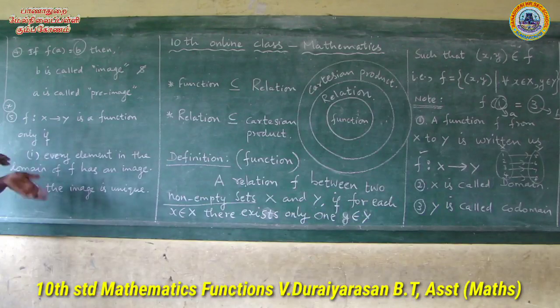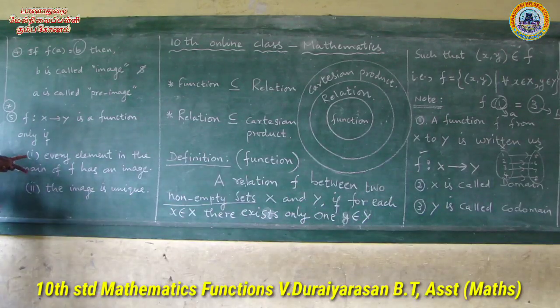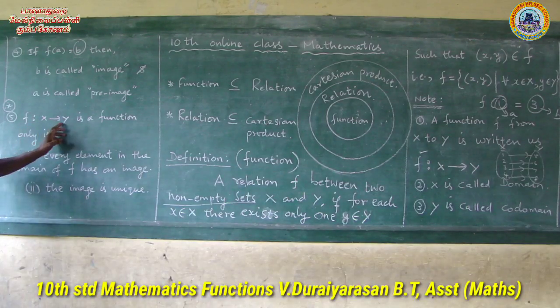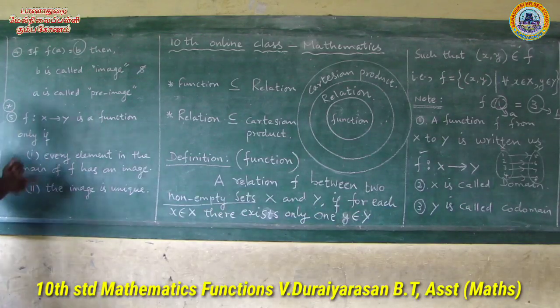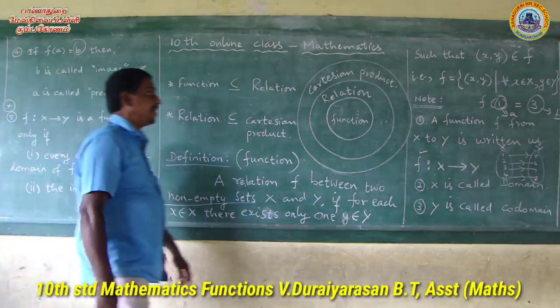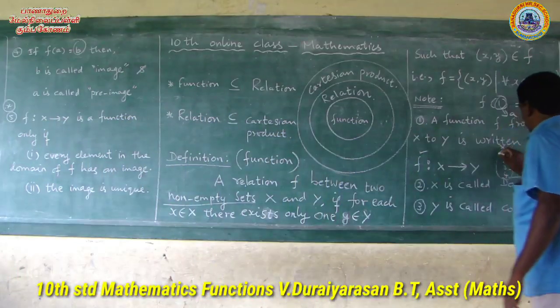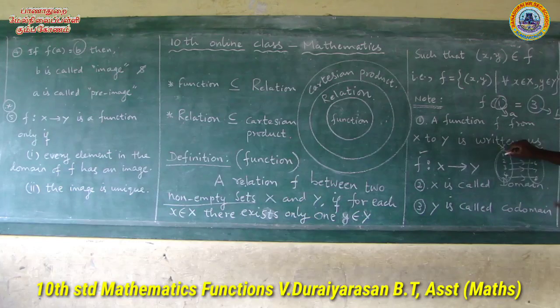A function from X to Y must satisfy two statements. First one, every element in the domain of f has an image. Here, one element of X has an image in Y.